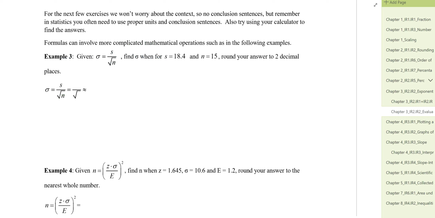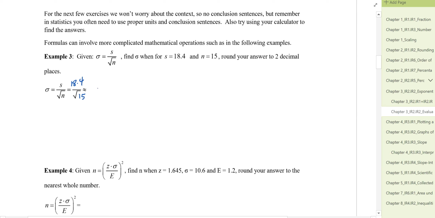So here again, I'm going to focus on the use of the calculator to evaluate each expression. But before I take out my calculator, I'm going to substitute the numbers in for the variables first. So sigma equals s over the square root of n. s is equal to 18.4, so you can type in 18.4, and the square root of n is 15. I'm going to round the answer to 2 decimal places.